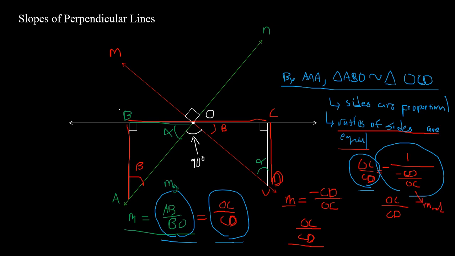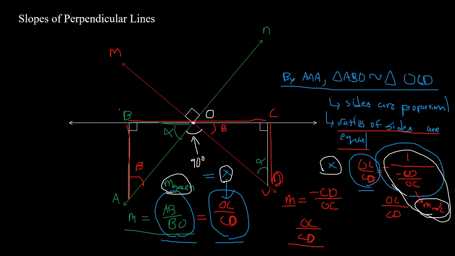I'm going to call this M of green, or slope of green. So the slope of green is equal to, I'm going to call OC over CD X. So M of green is equal to X. And X is also equal to the negative reciprocal of the slope of red.